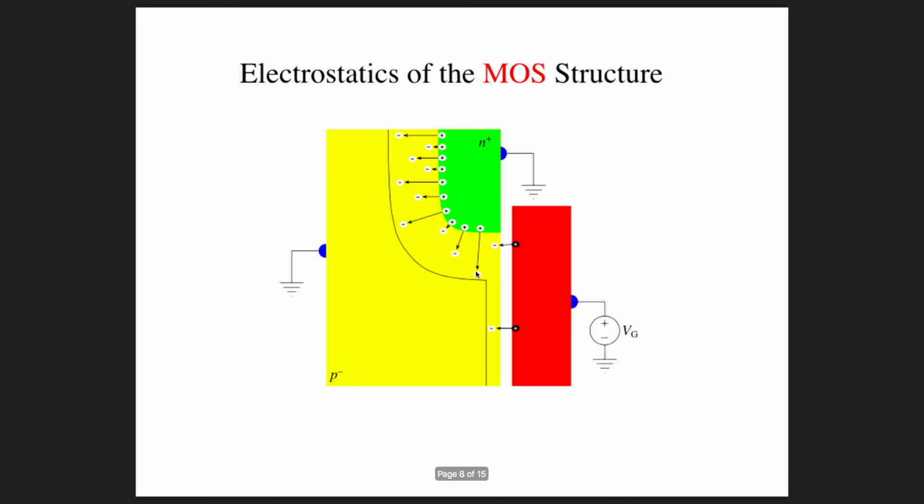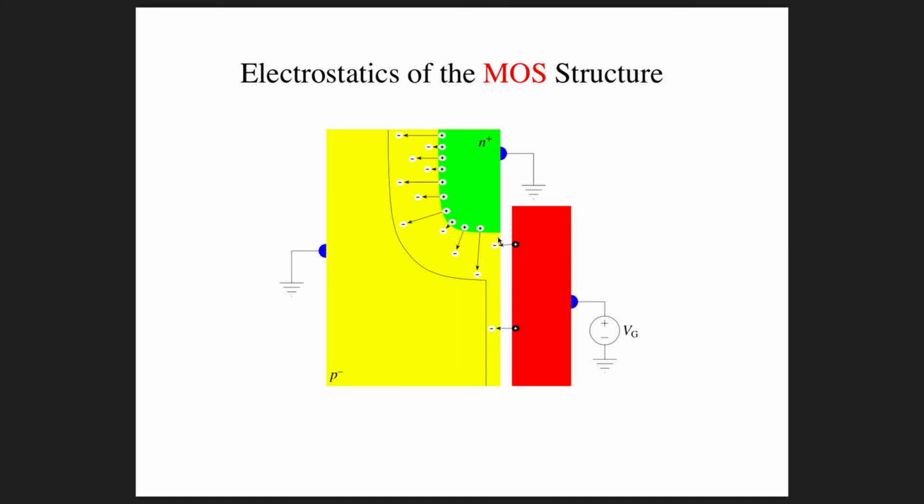But when we first start adding gate charges, we start sending the holes away, and we start creating a little bending of the bands here up to the surface, where we get a low spot in the energy. But the bending of the bands is not very much at the beginning.